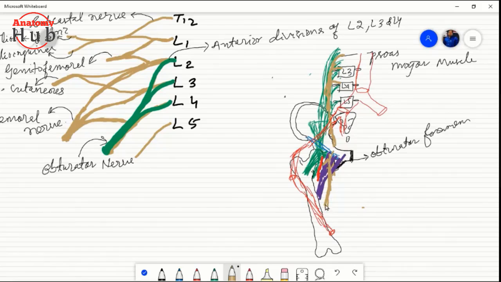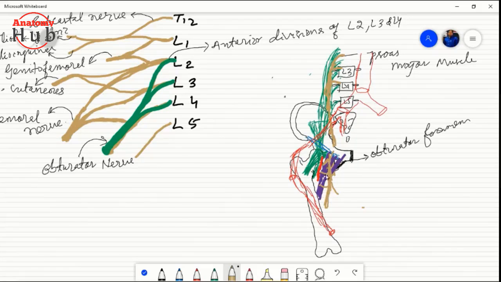And here it supplies motor fibers: motor fibers to adductor longus, to adductor brevis, and to gracilis.